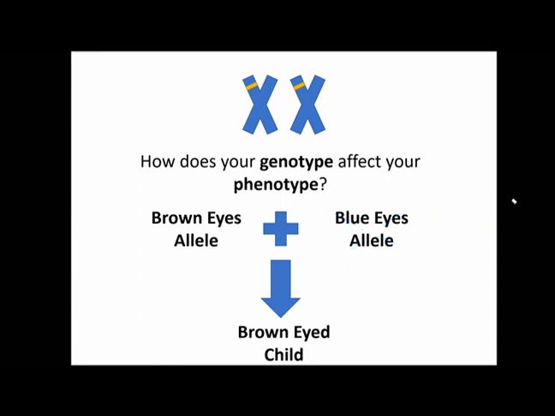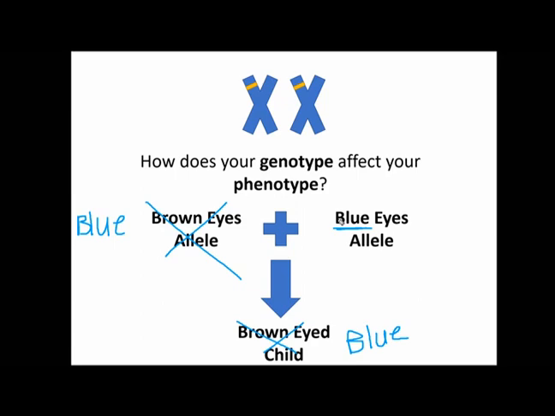And we can go the other way. What if instead of getting a brown eye allele from your father, what if you got the blue eye allele? Well, if we have blue from one parent and blue from the other, we actually end up seeing blue in the child. So a recessive trait, the less strong version, this blue eye allele, shows up in the phenotype if you have two copies of that allele.